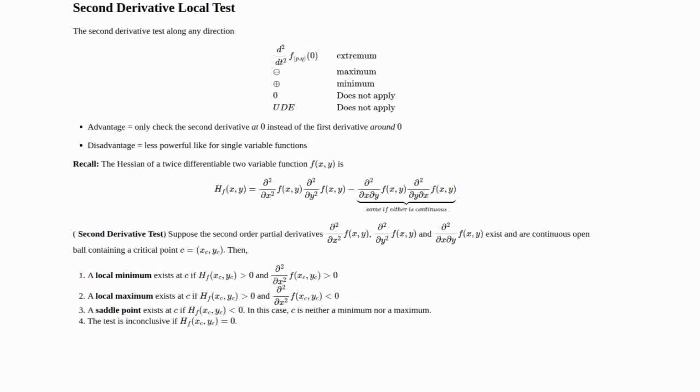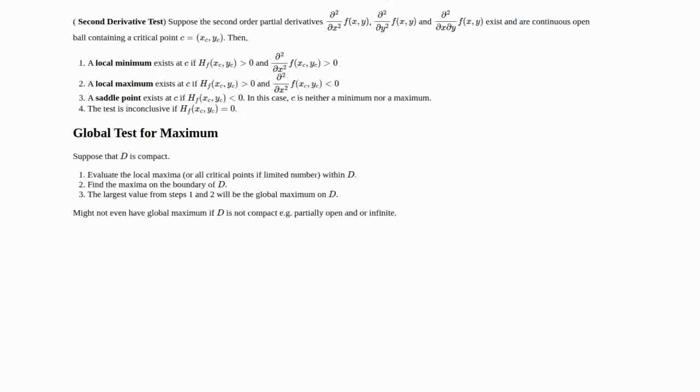And a local maximum exists at this critical point if the Hessian is greater than 0 and one of the normal second partial derivatives is less than 0. It's a saddle point at C if the Hessian is less than 0. In this case, C can be neither a maximum nor a minimum, and the test is inconclusive if the Hessian is 0.